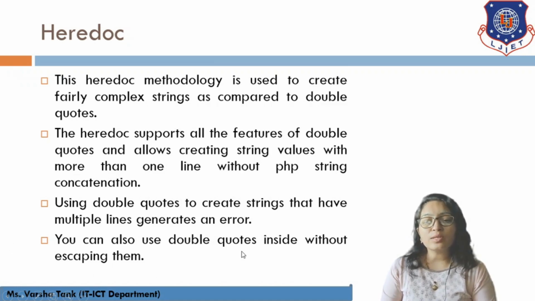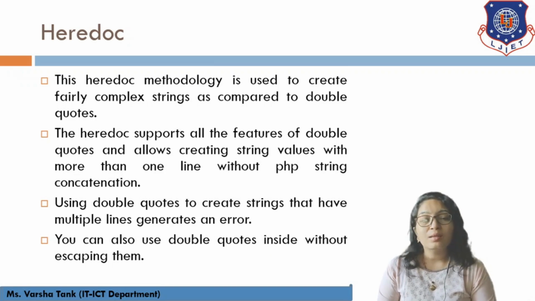You can also use a double quote inside without escaping it. In a double quoted string you have to use the escape sequence, but in heredoc we can use it directly, so it will display the double quote as it is.